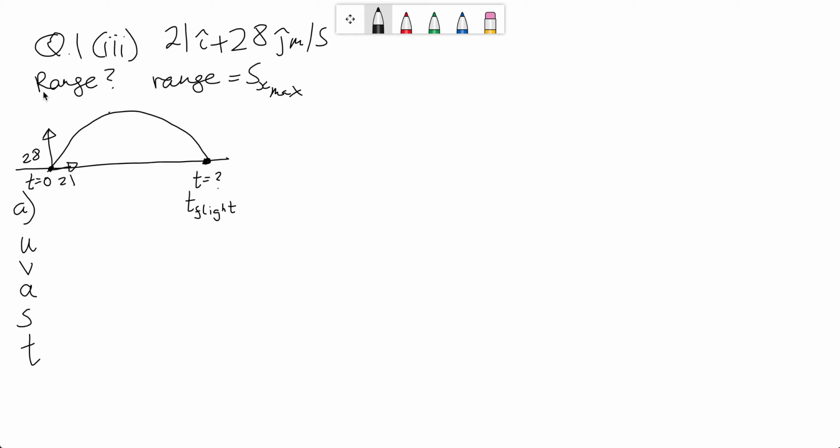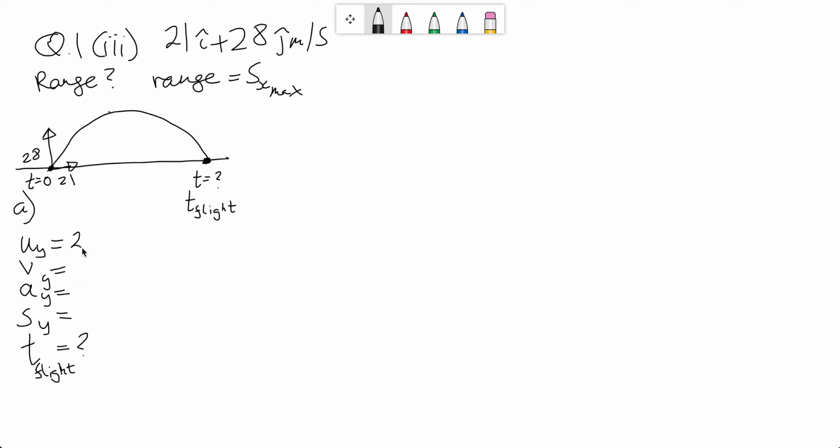So the time it would take to go up and down vertically is the same as the time it takes to go from here to here, because it does those two together. So if we look at the y direction, even though we're looking for range, the time here is what we're looking for. We'll call this the time of flight.